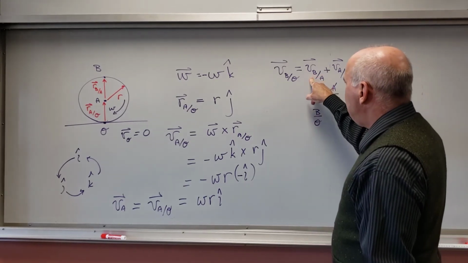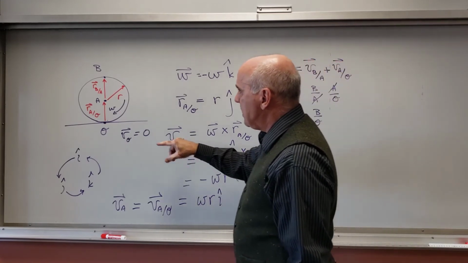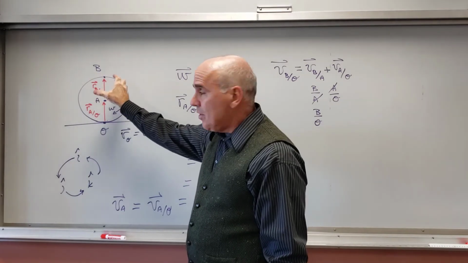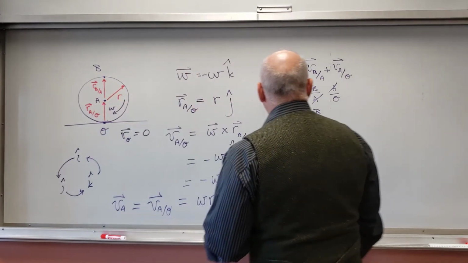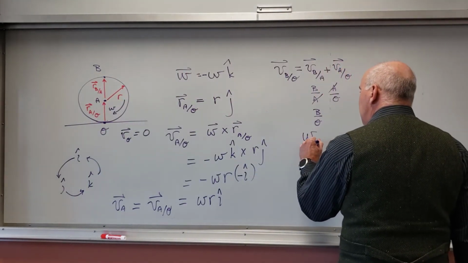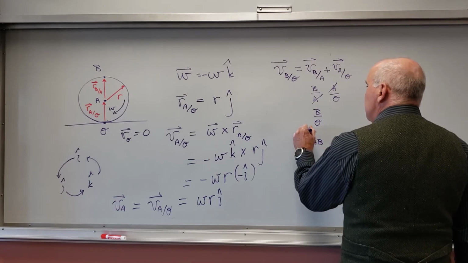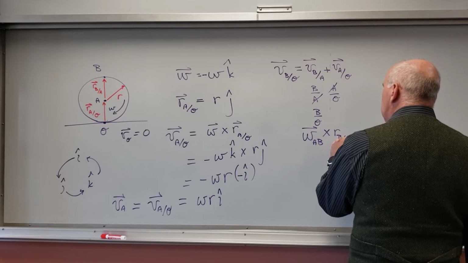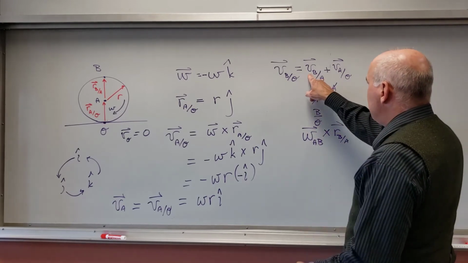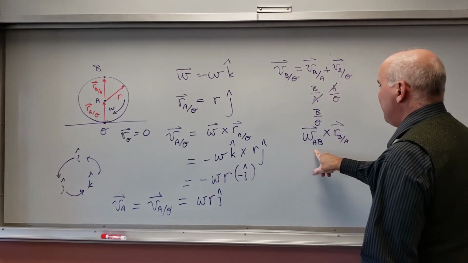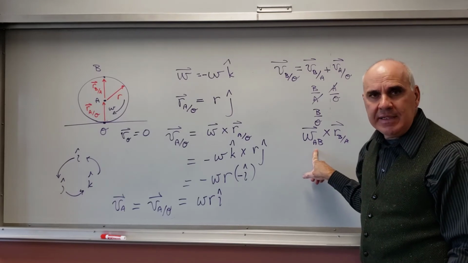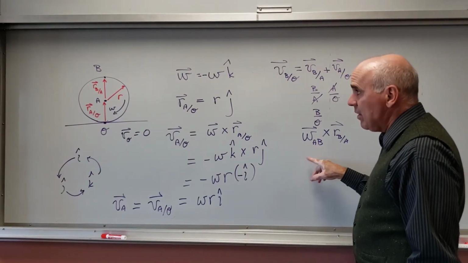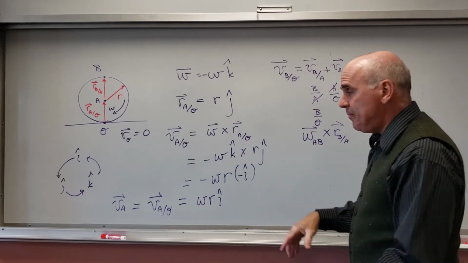All right, so the velocity of B with respect to A, well, this is a wheel undergoing rotation, so it's omega, I'm going to call it omega AB vector, crossed with the position of B with respect to A. That's the velocity of B with respect to A. Omega AB and omega are the exact same thing in this example, but in general it's however this AB is spinning.